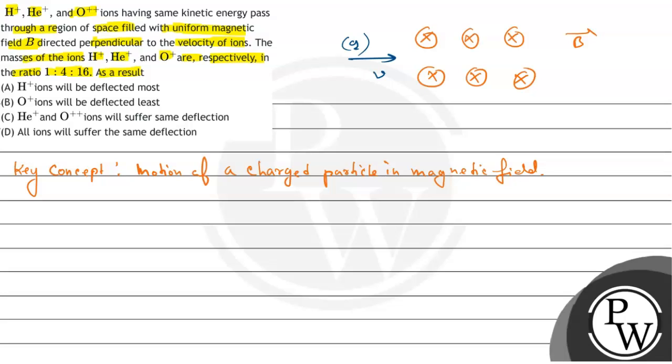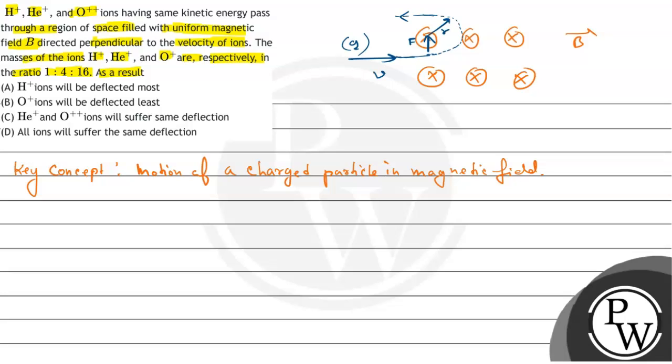So as it enters the magnetic field, there acts a magnetic force directed towards the center of a circular path which it follows, and it gets deflected like this, right?